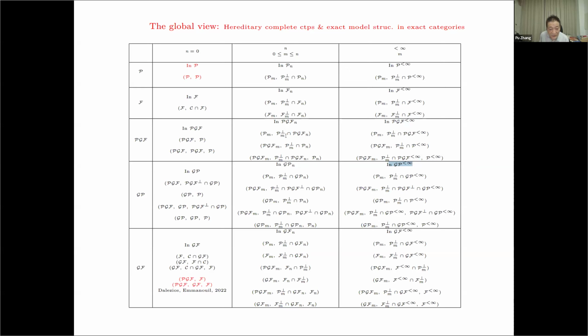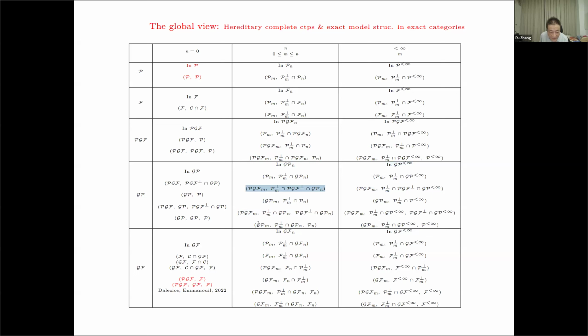These pairs all are hereditary complete cotorsion pairs, and all these triples are Hovey triples. That is all the exact model structures. So, for example, in this GP, we have two different model structures.